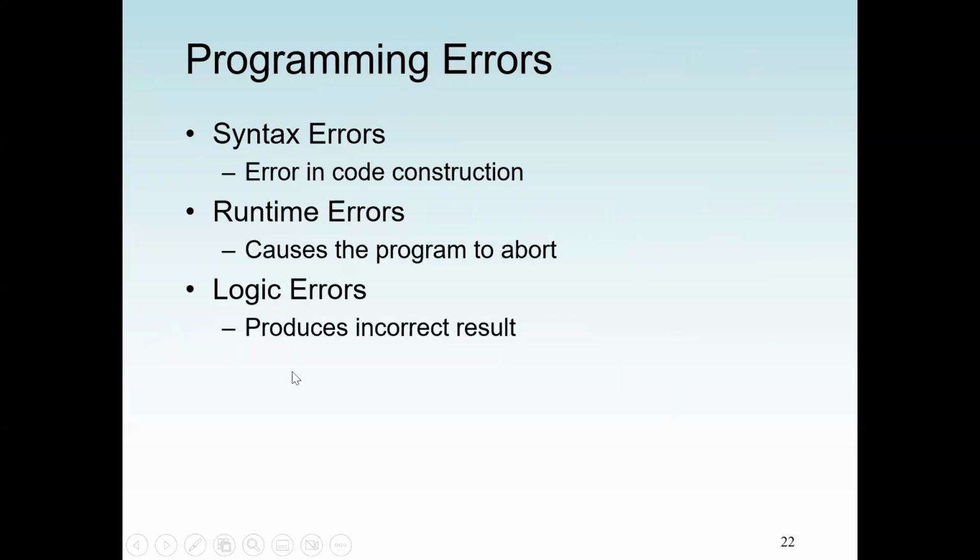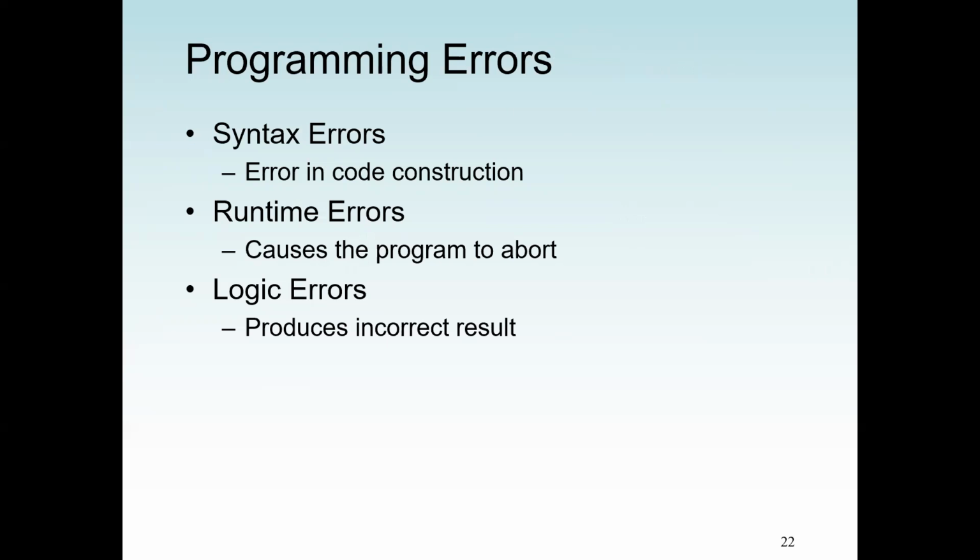Now, there are three types of errors in almost any programming language. The first is the syntax error. We can use the term grammatical error. For example, I write a Python program with the print command. Now, print is supposed to be lowercase. If I start with uppercase, I'm going to get an error because Python doesn't understand. Python is a case-sensitive language.